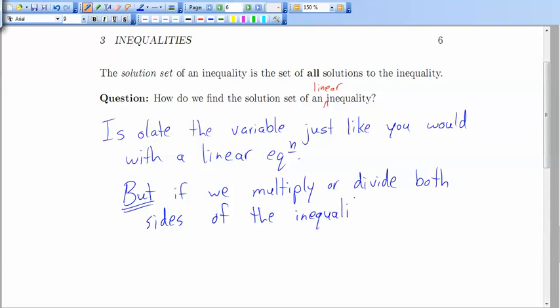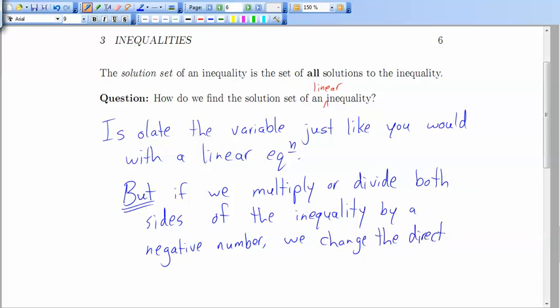And again, we only need to worry about this if it's a negative number. So what do I mean by we change the direction of the inequality? I mean that if it was a greater than symbol, you'll switch it to a less than symbol. If it was a less than or equal to symbol, you'll change it to a greater than or equal to symbol.